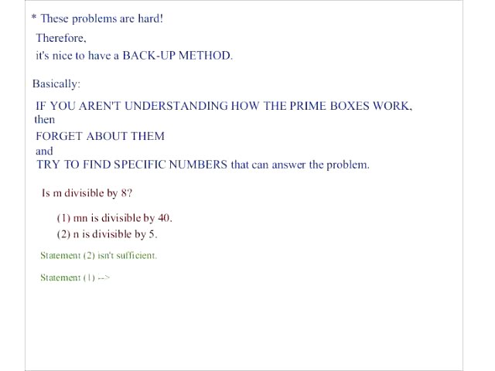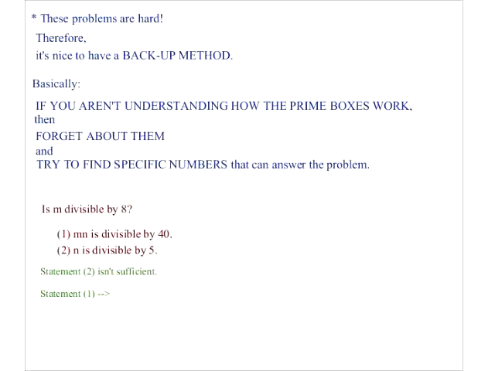In statement 1, the deal is mn is divisible by 40. When you investigate a data sufficiency problem, you should try to prove that the statements are insufficient. See if you can get 2 different answers. So when you do this, I try to get 2 different answers.